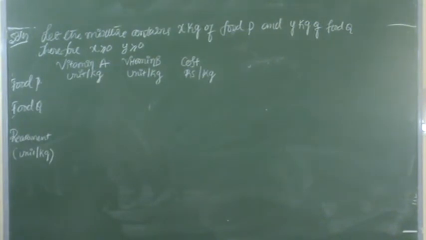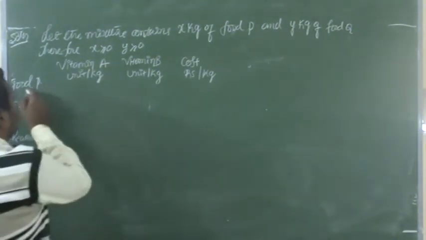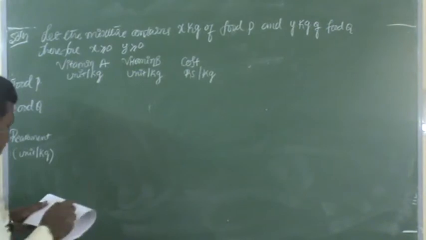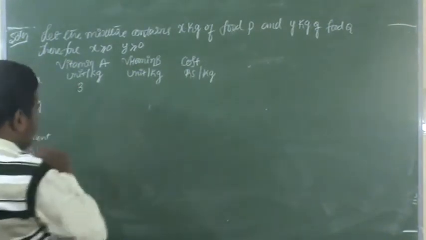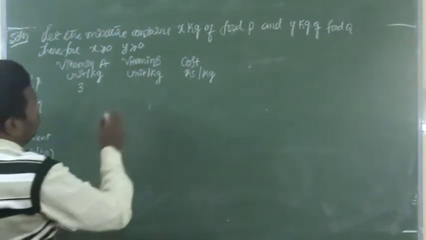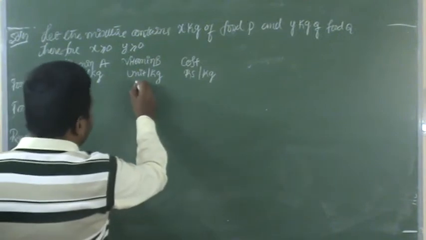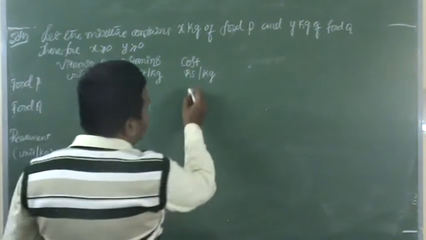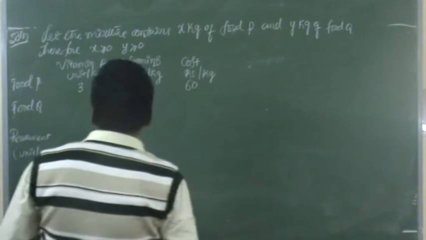Now food P contains vitamin A at 3 units per kg and vitamin B at 5 units per kg, and the cost of food P is 60.